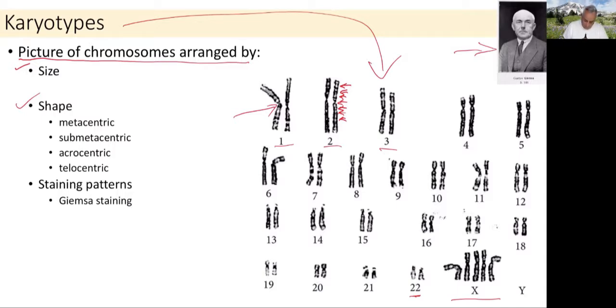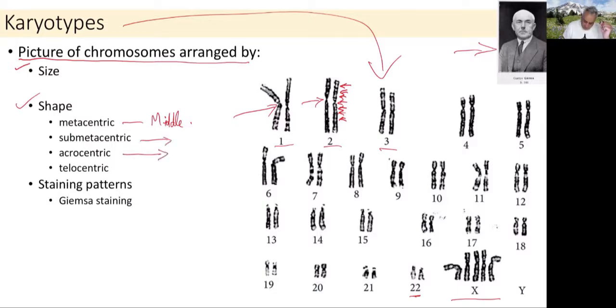Chromosomes such as chromosome number 1 will be called metacentric. Meta stands for middle, so the centromere should be in the middle of the chromosome. The term submetacentric would apply to chromosome number 2. The constriction is almost in the middle, so around the middle. And then we get acrocentric.